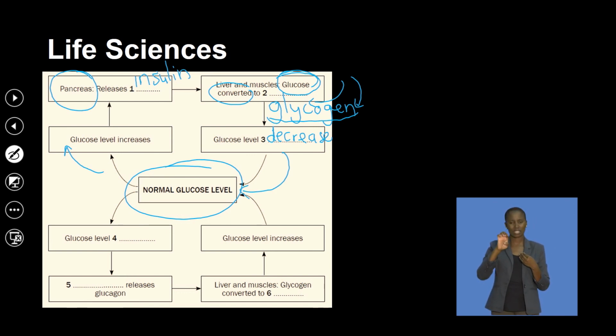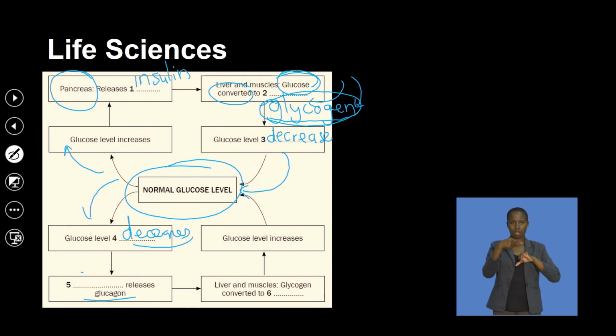We also now have a situation where the glucose levels may decrease. And when they decrease, we know that this might happen when you've not had a meal, so it decreases, and you'll find that the body now relies on the stored glycogen. And so in order for that stored glycogen to be accessed, the pancreas will release a hormone called glucagon.